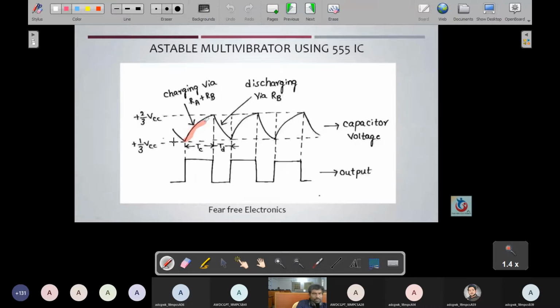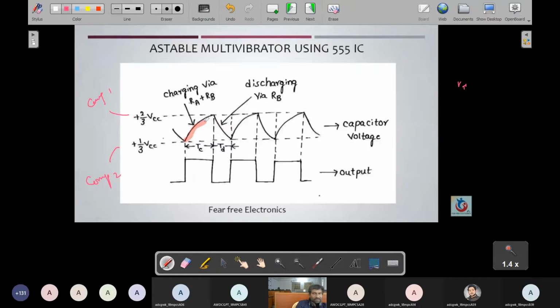Now if you see the output, first of all, the comparators select only between these two values, plus 2/3 VCC and plus 1/3 VCC. This is comparator 1 and this is comparator 2. What is the working procedure of comparator 1?